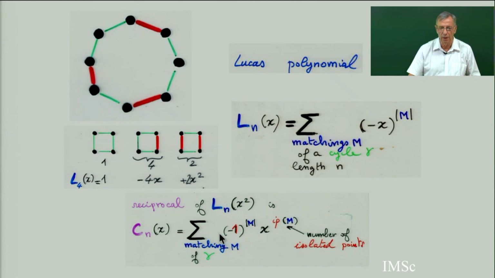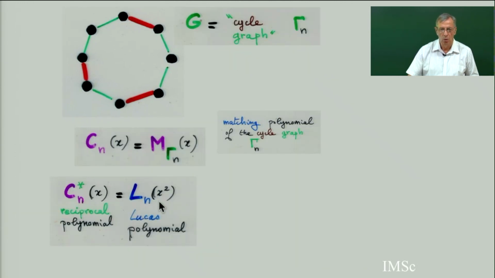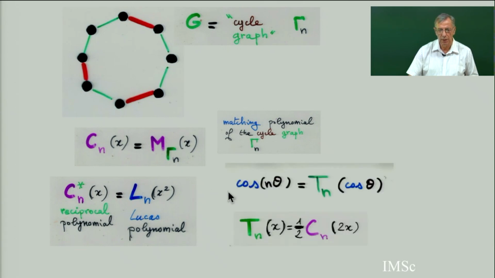Taking the reciprocal of this, if I take the reciprocal of Cn of x², then I get this relation. That's the reciprocal of the Cn is the Lucas polynomial for x². And I get the Cn, the matching polynomial.